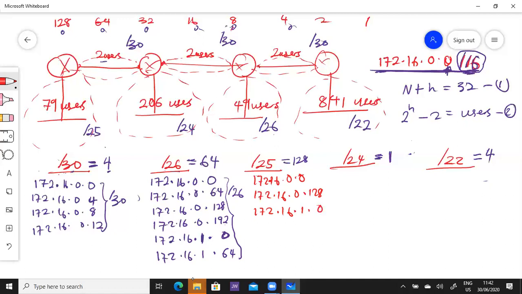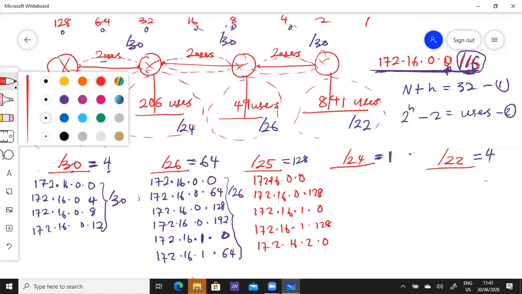Please say dot instead of point. So 172.16.1.0, then another 128. You keep on adding inside the fourth octet: 172.16.2.0. You see how it goes. What about the /24? With the block size of 1.